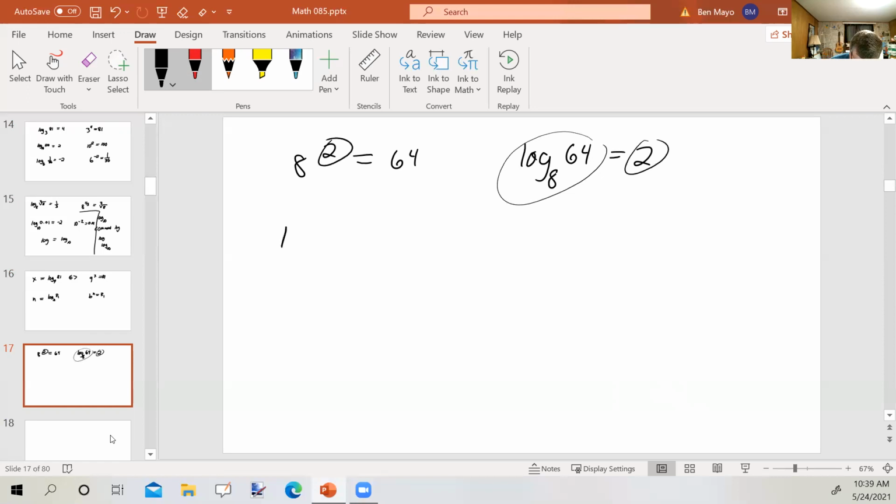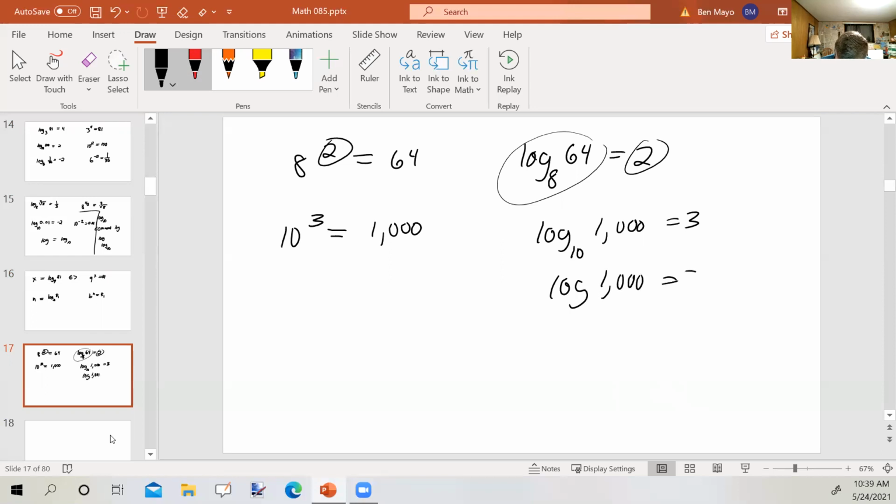How about this one? 10 cubed equals 1,000. So that would be log base 10 of 1,000 equals 3. Note, I could also write it like this: log of 1,000 equals 3, because there's an implied 10 if I don't put a base in it.